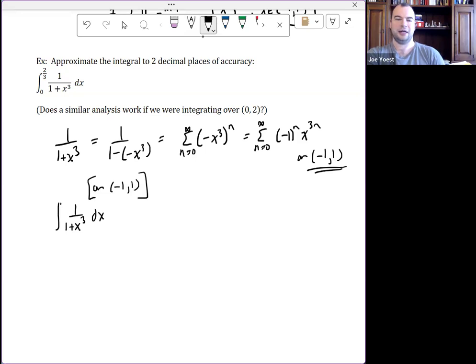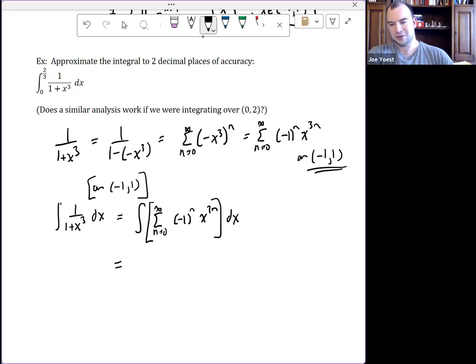So in the context that the domain restriction here is that we're in open negative 1 to 1, this is going to be integral of sum n equals 0 to infinity, negative 1 to the n, x to the 3n, dx. Remember that the summation is the thing that has n as the variable, and the integral is the thing that has x as the variable.